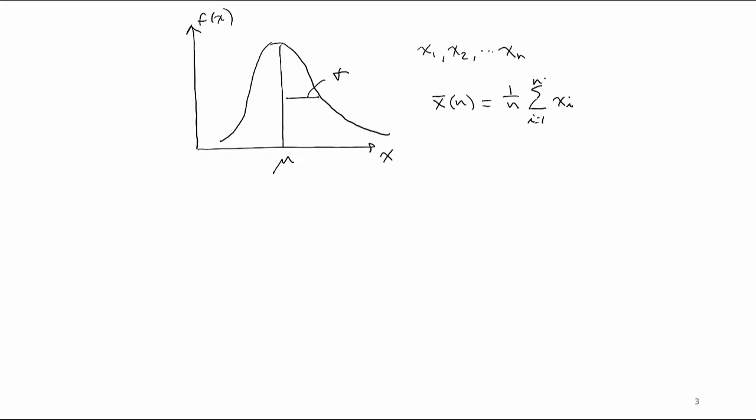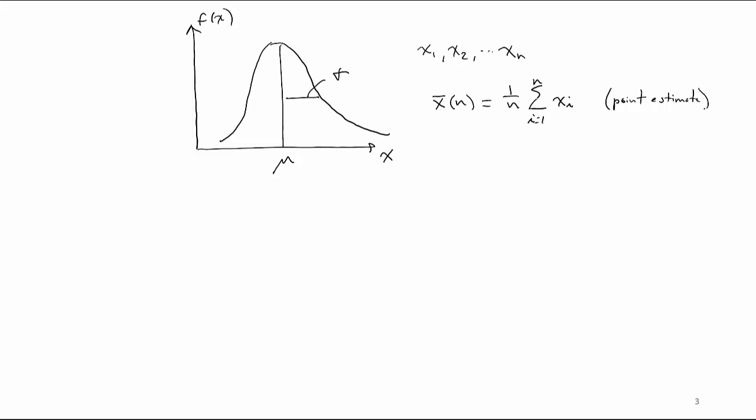This is what's called a point estimate. We know a couple of things about this point estimate. As we increase n, we're getting a better and better estimate of mu. But what we don't know is, for a given n, how close or far from the true mean mu our estimate is.